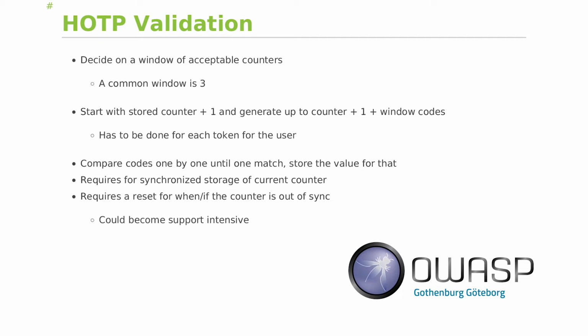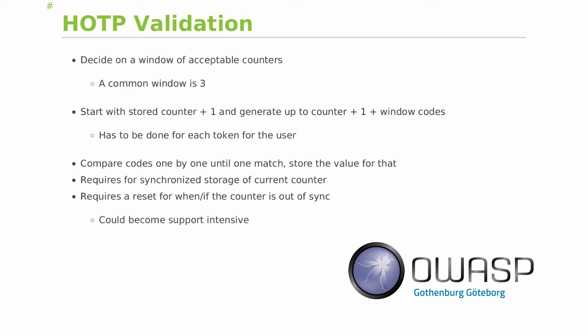So you start with the stored counter plus 1, and you generate codes until you find a matching one, or you don't find a matching one. One of the boring parts is that you have to do that for each token for the user. So if the user has 3 registered tokens and you have a window of 3 counters, then you might generate 9 acceptable answers.